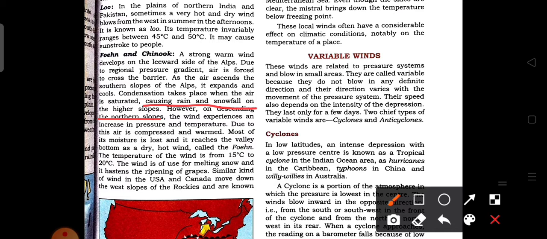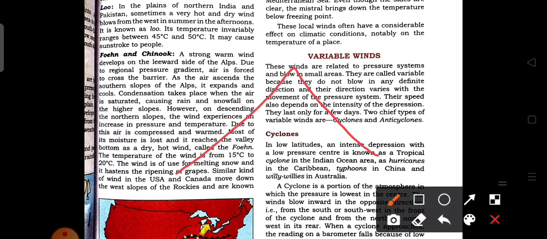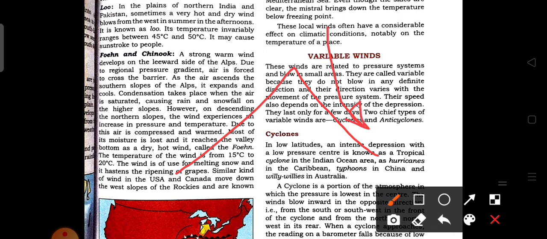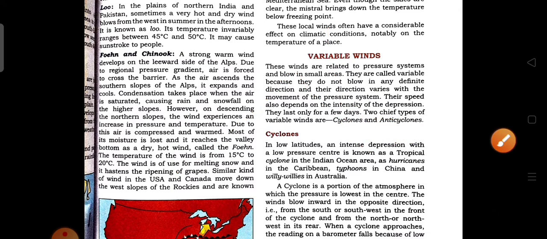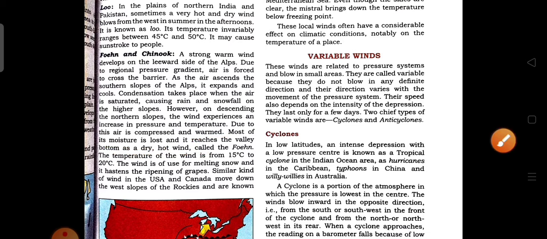However, on descending the northern slope, the wind experiences an increase in pressure and temperature. Due to this, the air is compressed and becomes warm. Most of the moisture is lost, and it reaches the valley bottom as a dry hot wind called Foehn.